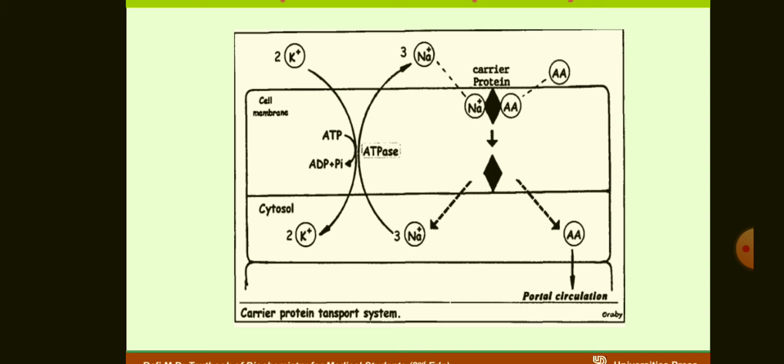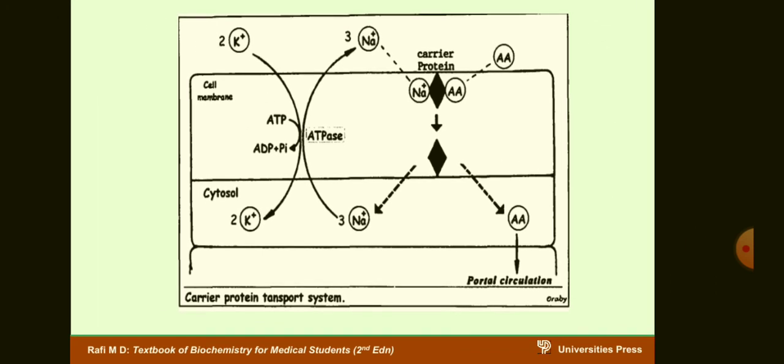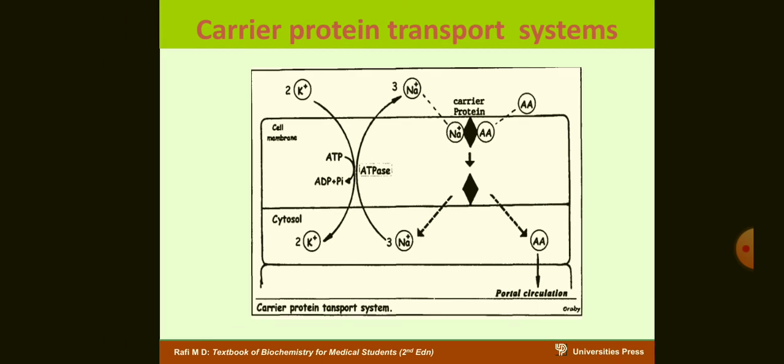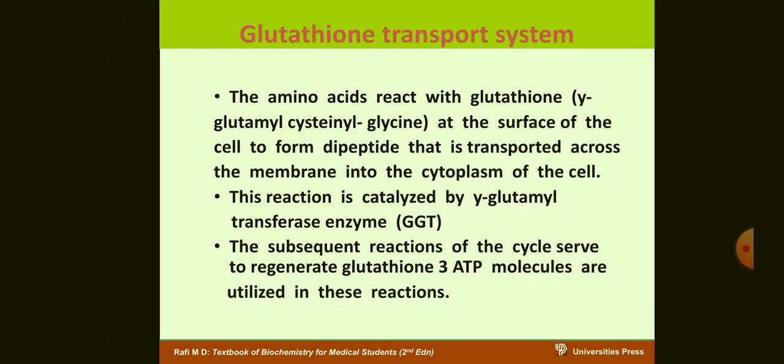Now the amino acids react in the glutathione transport system. The first step is that the amino acid reacts with glutathione, forming gamma glutamyl amino acid and cysteinyl glycine at the surface of the cell, to form a dipeptide that is transported across the membrane into the cytoplasm of the cell. This reaction is catalyzed by the gamma glutamyl transferase enzyme, the GGT enzyme.